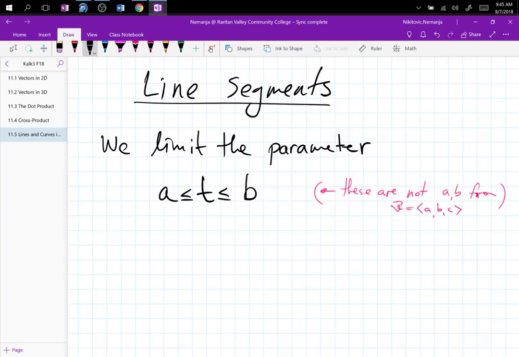Now, to go back to the equation of the circle, let's say that for the equation of the circle, you only want half of the circle, but it's this half.